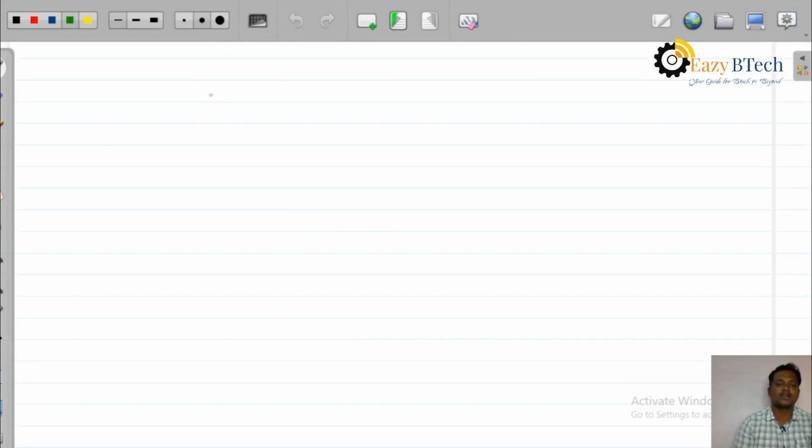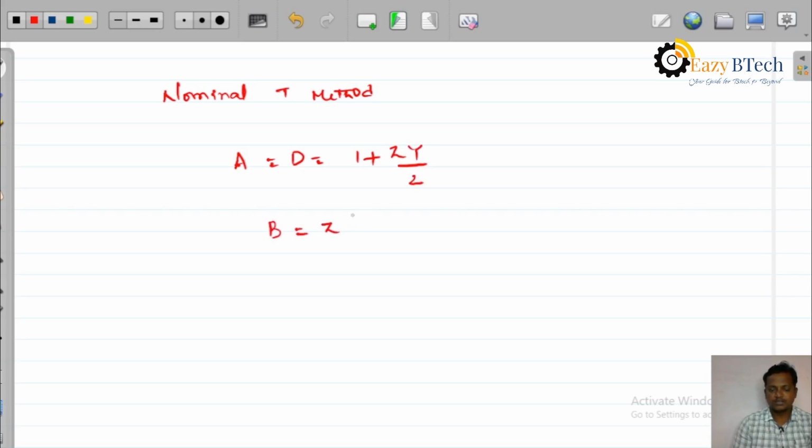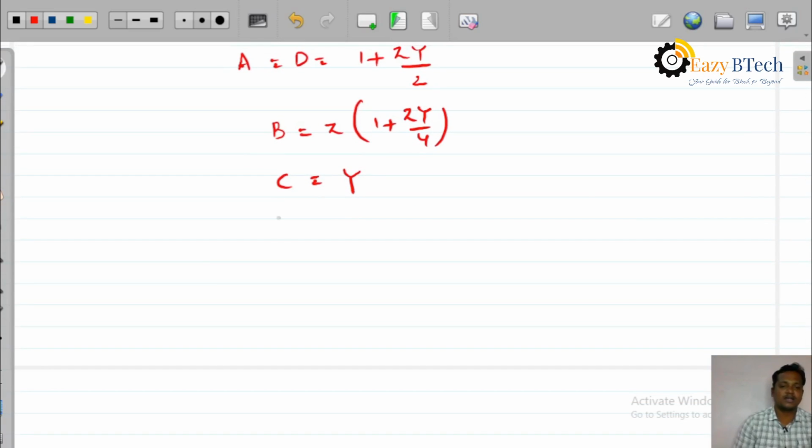Like that we have to calculate in the nominal T method. How can we calculate in the nominal T method? In the T method also we know the expressions for ABCD parameters. A equals D equals 1 plus ZY by 2. B equals Z into 1 plus ZY by 4, and C equals Y. Now, I already calculated ABCD parameters.